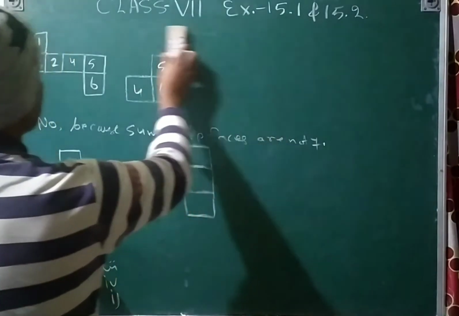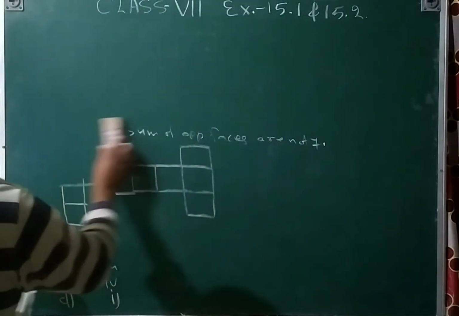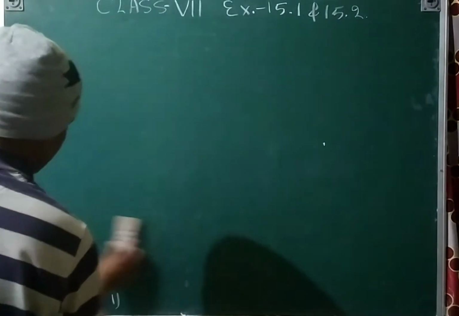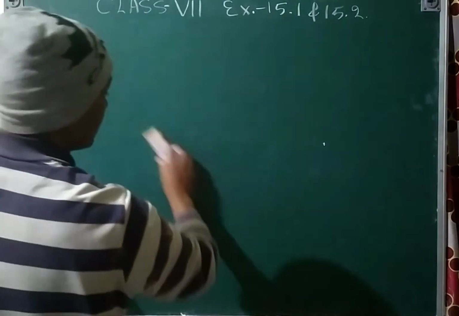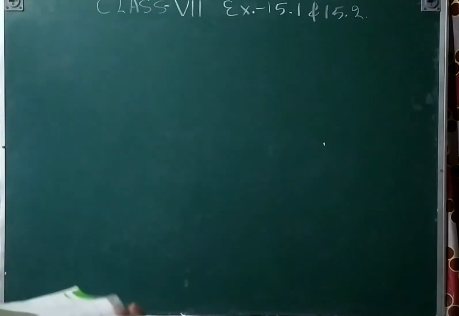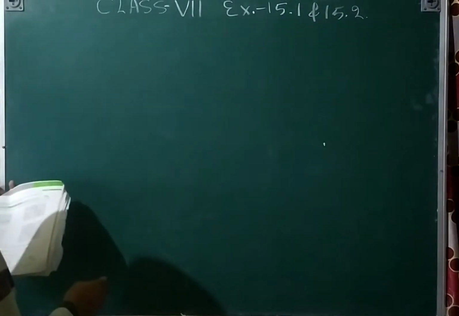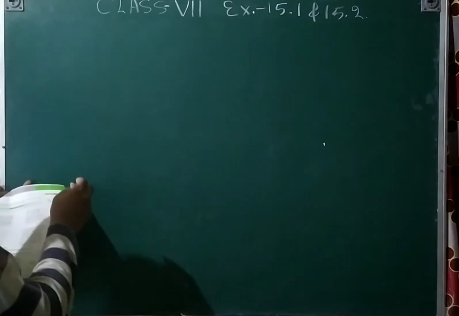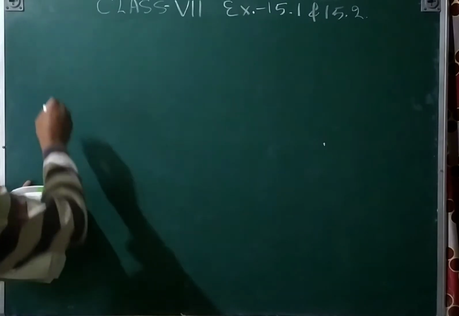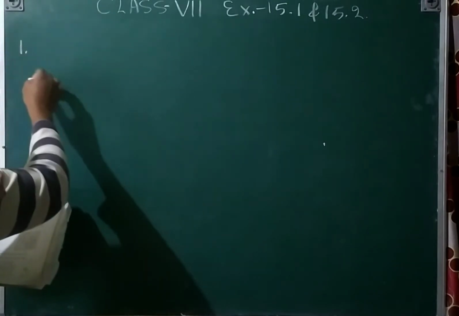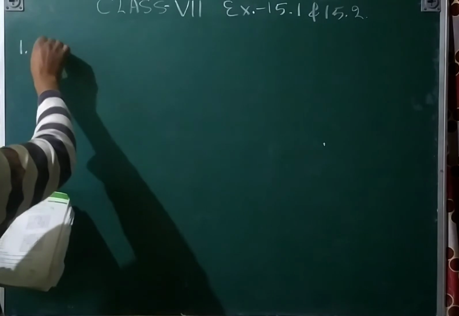15.2, a diagram is given in this isometric dot paper. Diagram is given here, so we will make a diagram on your paper, that is the first part.